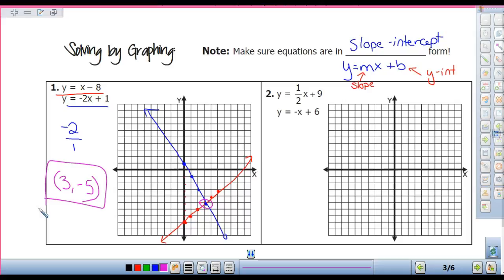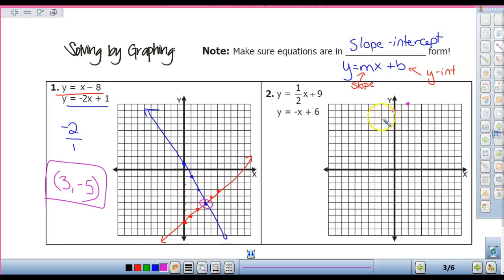Alright, so over here, my starting point is 9. And then what do I do? Okay, but careful, this tells us to go up 1 over 2. So I can go up 1 and over 2. Now, if I run out of space, if I go down 1, where would I have to go?